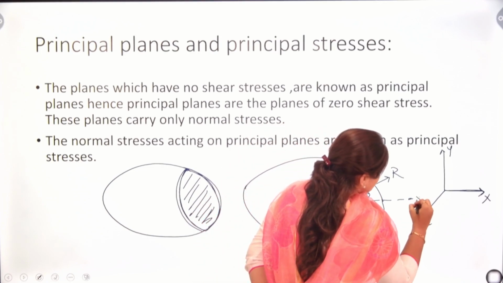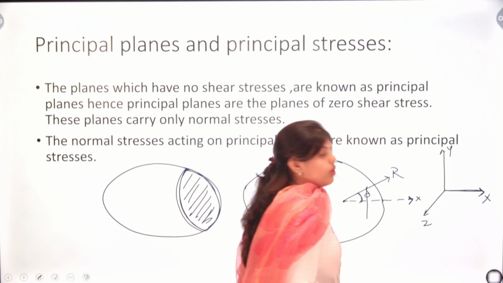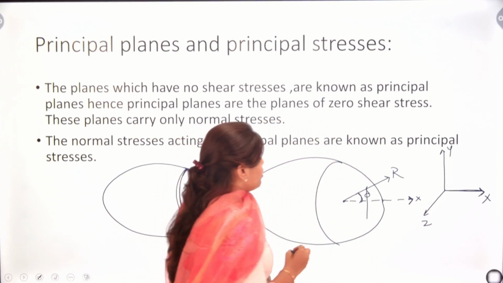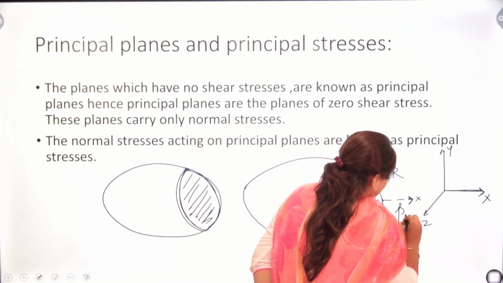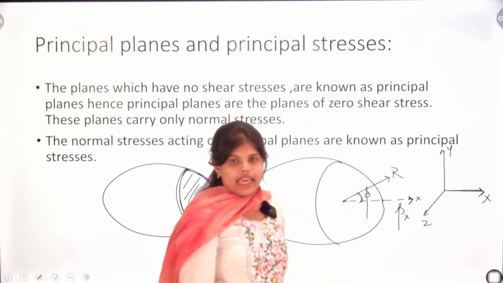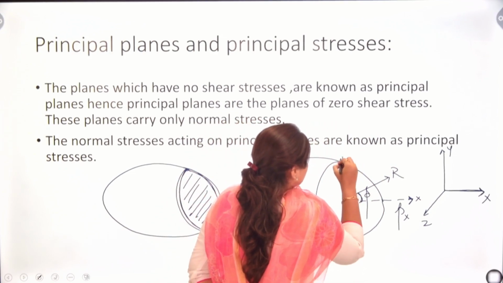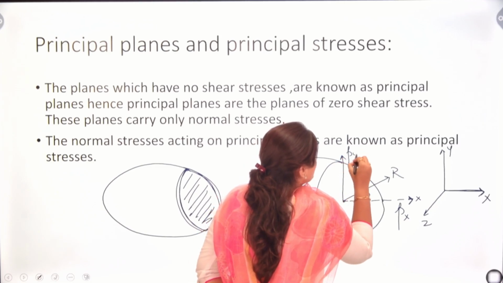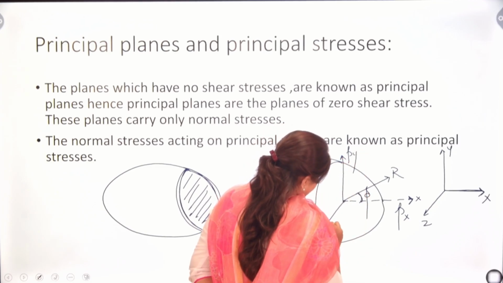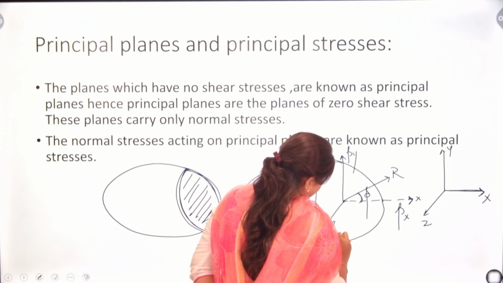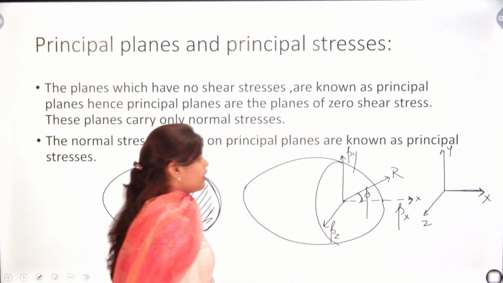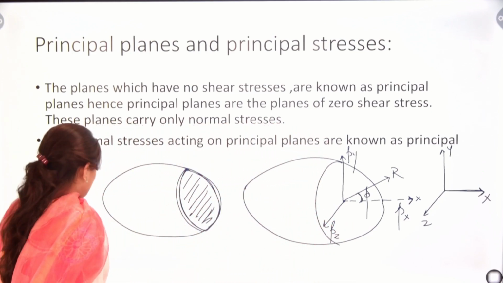In x direction. Okay. So, in x direction there will be one force that we will take as Px, right. Also here in y direction we will have Py and in z direction we will have Pz.